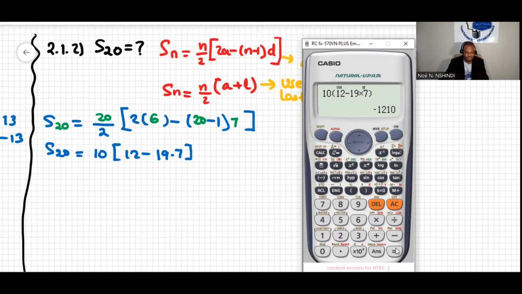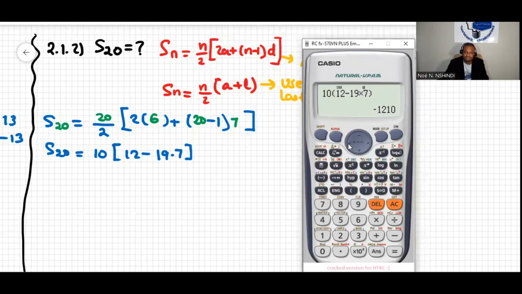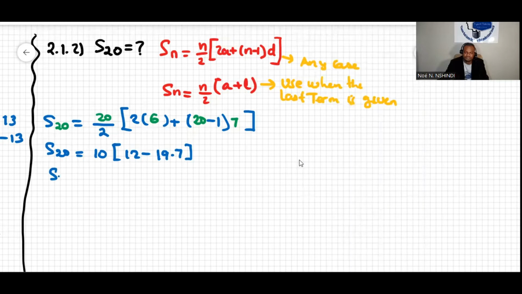I think the formula is plus over here, because the answer cannot be negative, it's positive. So I need to correct here. I'll put a positive sign. The answer is 1450. So S20 equal to 1450.